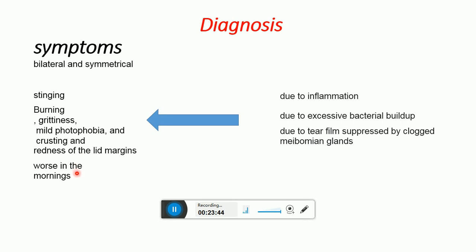Symptoms are usually worse in the morning, although in patients with associated dry eye, they may increase during the day. Contact lenses may be poorly tolerated. These signs are due to inflammation, excessive bacterial buildup and tear film suppression by clogged Meibomian glands.